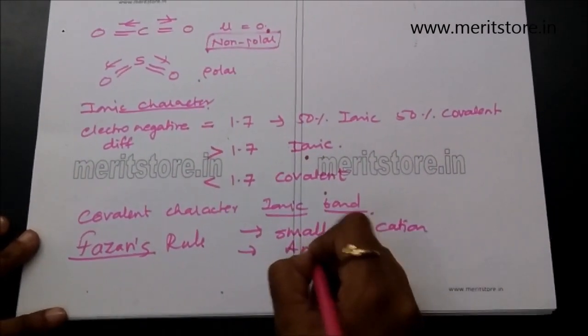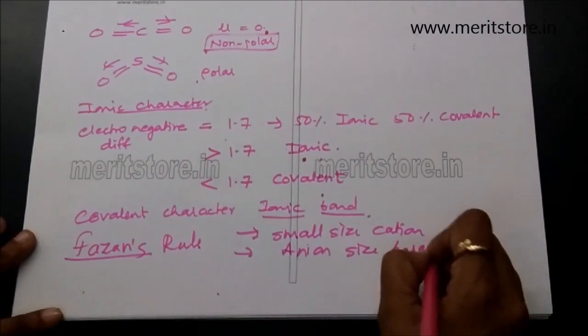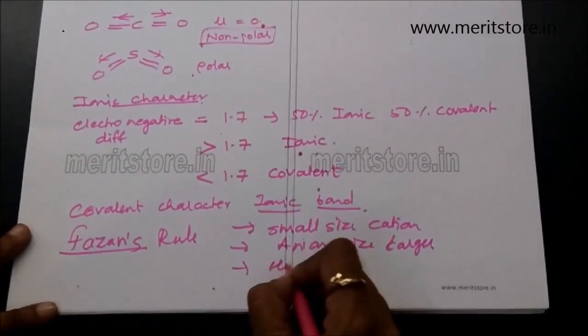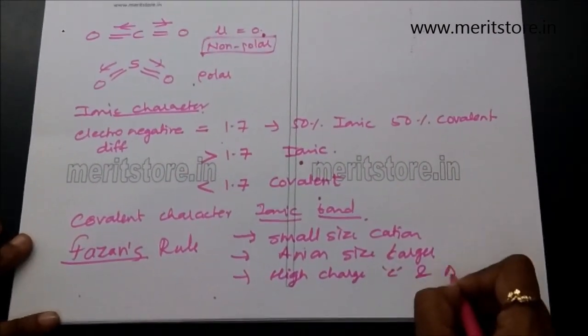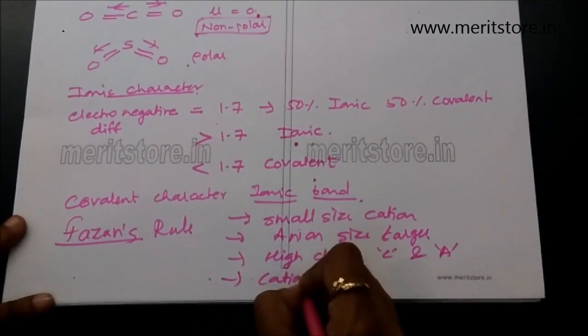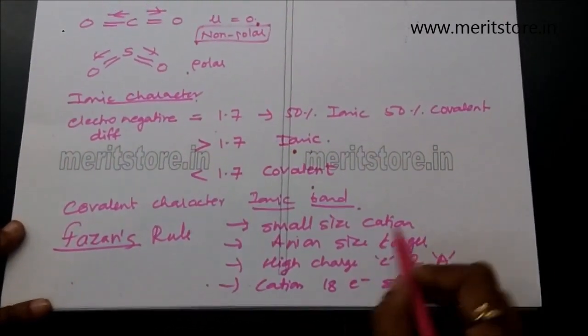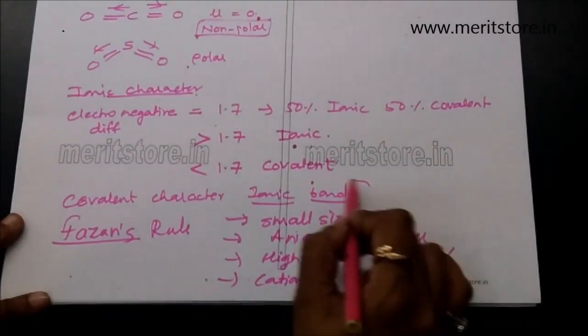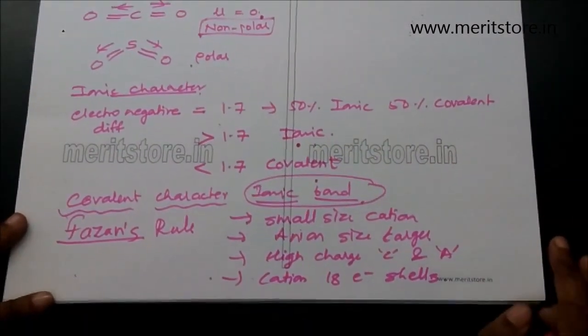Secondly, the anion size has to be larger. There should be high charge on the cation as well as on the anion, and the cation should have an 18-electron shell. So if all these conditions are satisfied, the ionic bond will have, to some extent, covalent character.